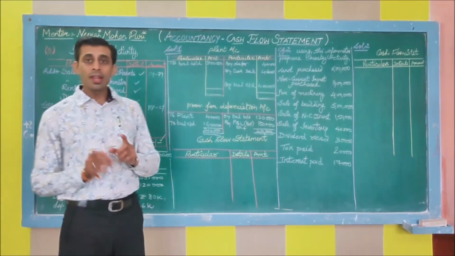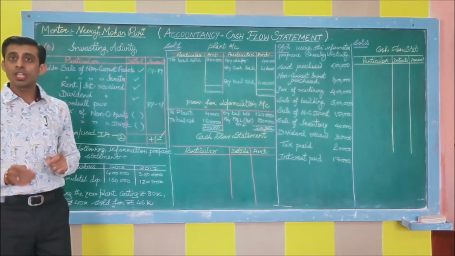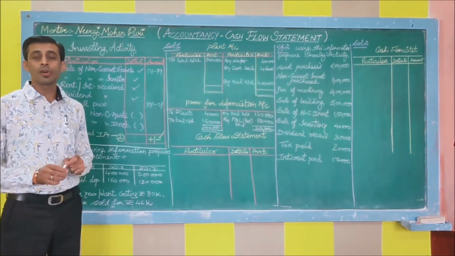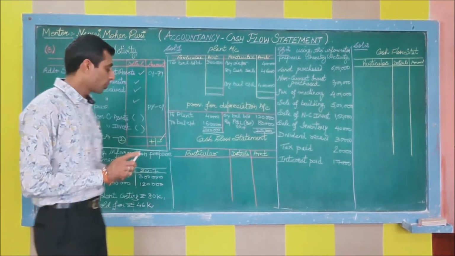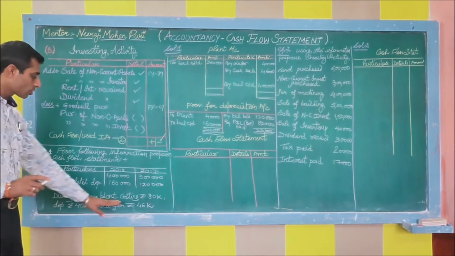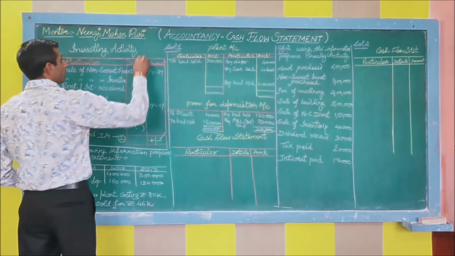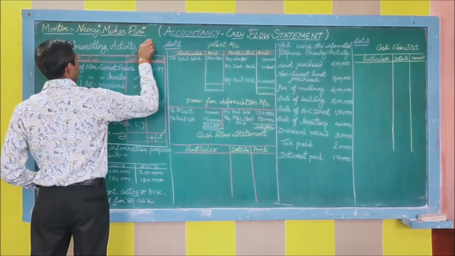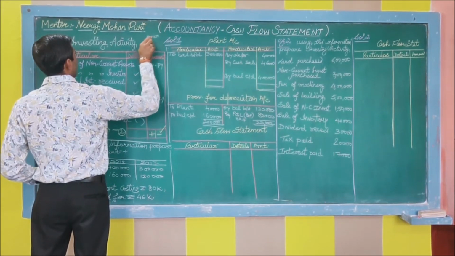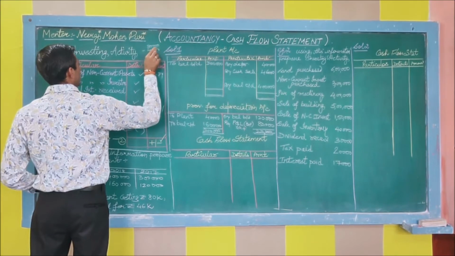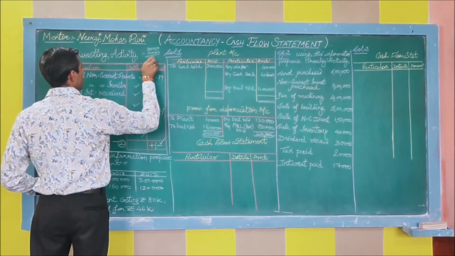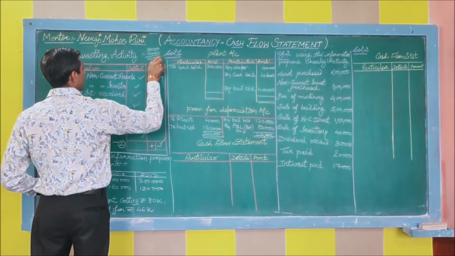Now remember, whenever any asset is purchased or sold, we have to find the value of profit and loss on sale. For this, we have to use this costing information. Remember, the costing was given at 80,000 rupees. From this 80,000, we have to subtract the depreciation, and we get the net result, which is known as book value. Book value is 40,000.